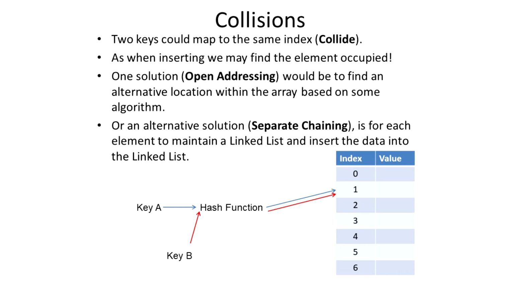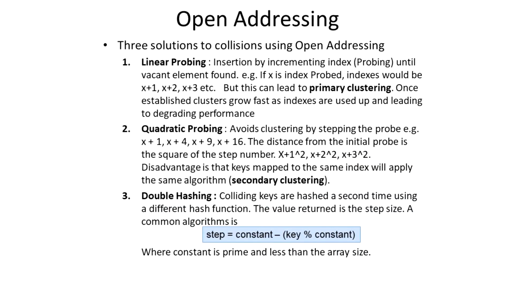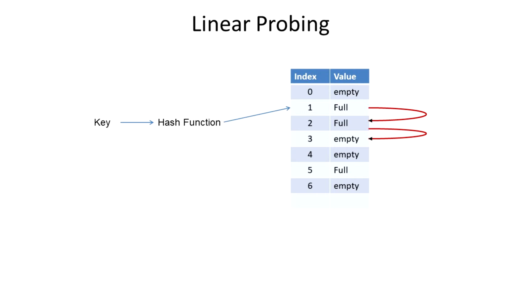Okay, so we're going to start by discussing open addressing. There are three solutions to resolving collisions using open addressing. The first is linear probing, which will start probing the consecutive array elements from the duplicated hash key to see whether there's an available space to insert this new item.